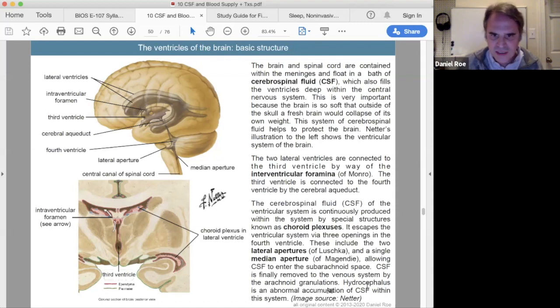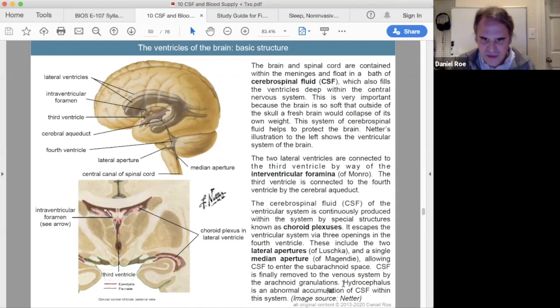It's just filtered blood. So CSF is produced in all four ventricles. You have choroid plexus throughout, and then it circulates in generally this direction, escapes the lateral ventricle, lateral apertures, one on either side, or the singular median aperture. And then just a trickle continues down the central canal of the spinal cord.